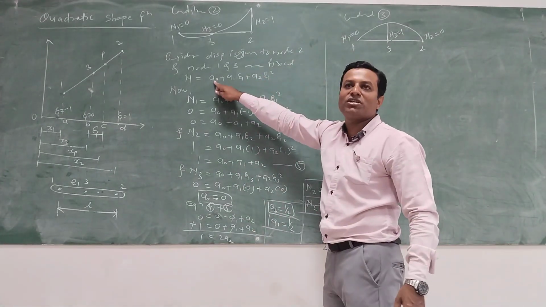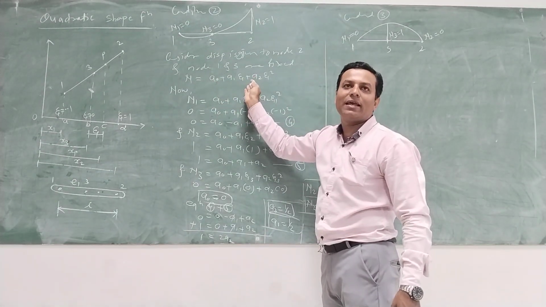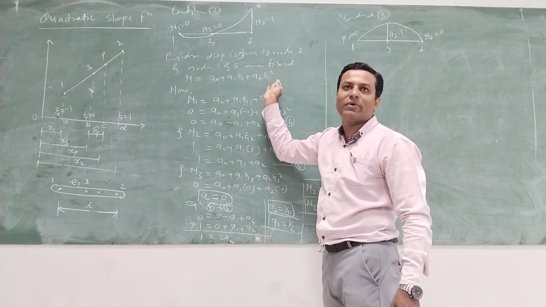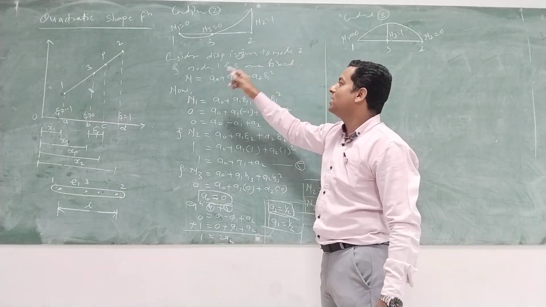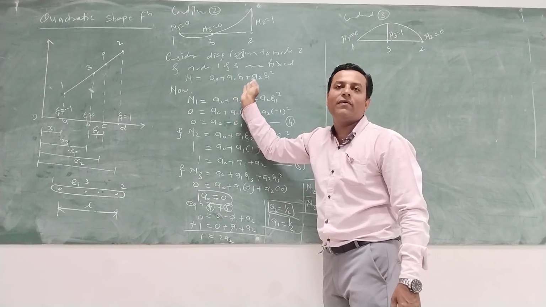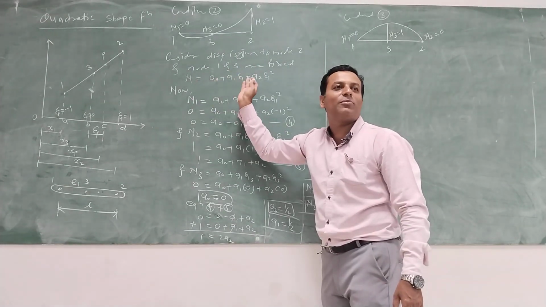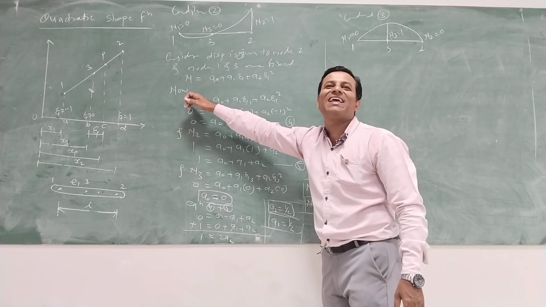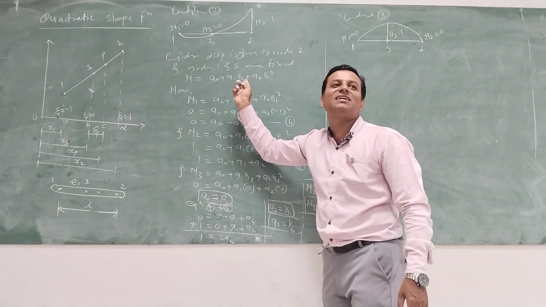Similarly, take this equation, n is equal to a0 plus a1 zeta plus a2 zeta square. Put the first condition: when you are going to take n1, you have to put the value of zeta 1. When you are going to take n2, you have to put the value of zeta 2. And when you are going to take n3, we have to put the value of zeta 3.